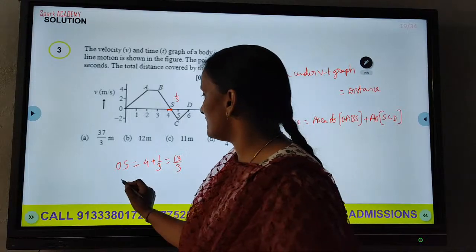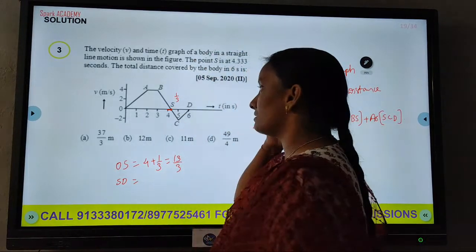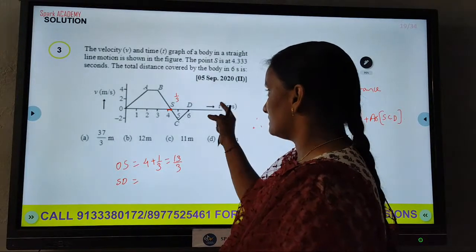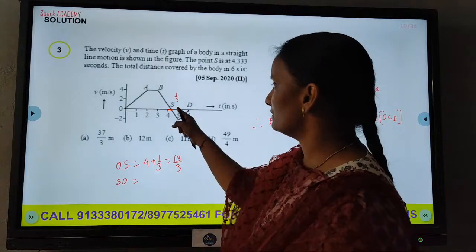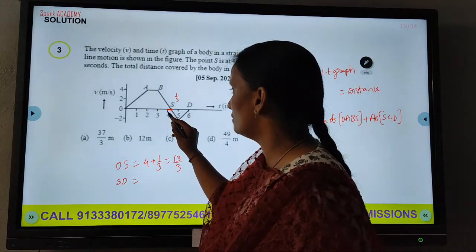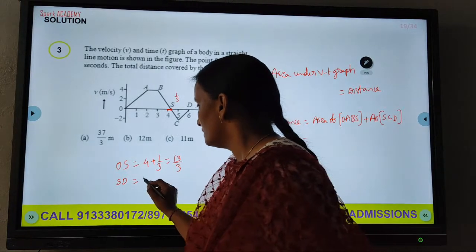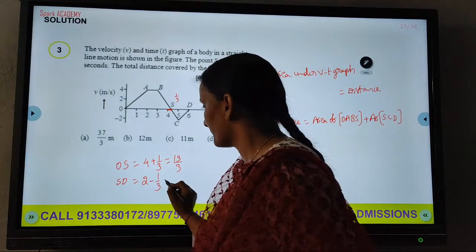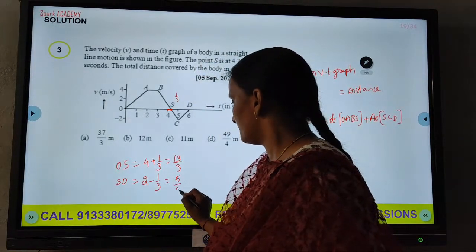And this distance SD will be equal to, on the time axis, 6 minus 4, which is 2, till here 2, and we need to subtract this portion. So 2 minus 1 by 3, which will be equal to 5 by 3.